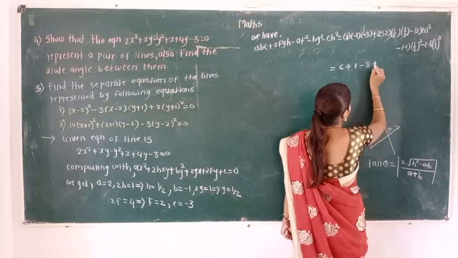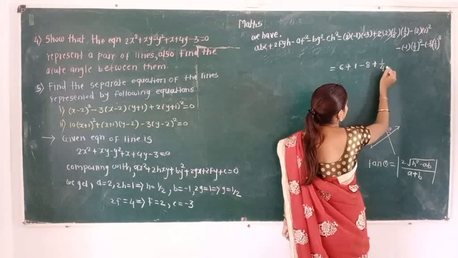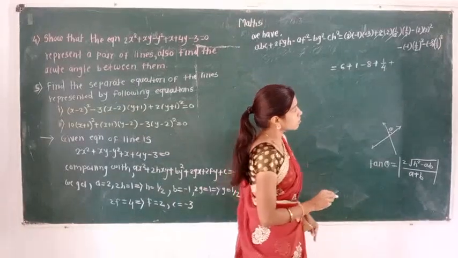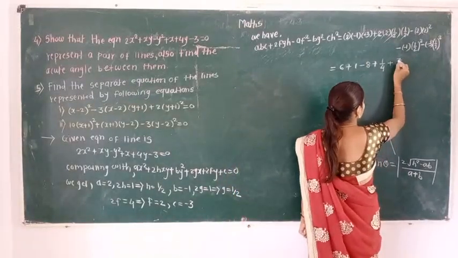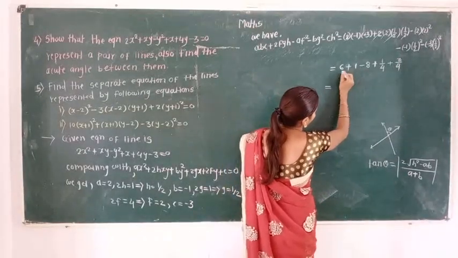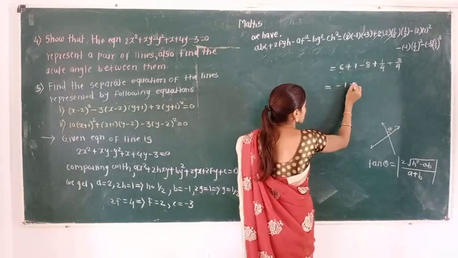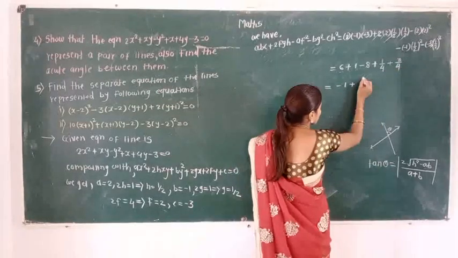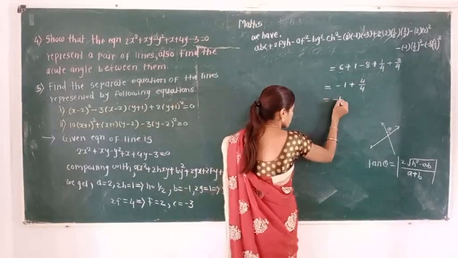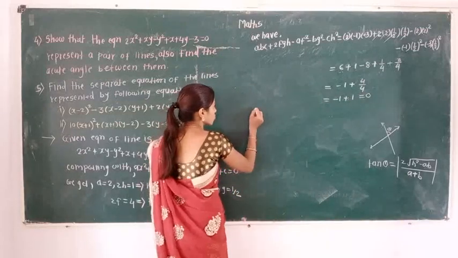Then half square is 1 by 4, plus. Then half square is 1 by 4 into 3, which is 3 by 4. Now the sum of these two terms is 7 minus 8, which is minus 1, plus the sum of these two terms, 4 by 4. LCM is 4, the sum of numerators is 4, so minus 1 plus 1 is equal to 0. This means the given equation satisfies the first condition.